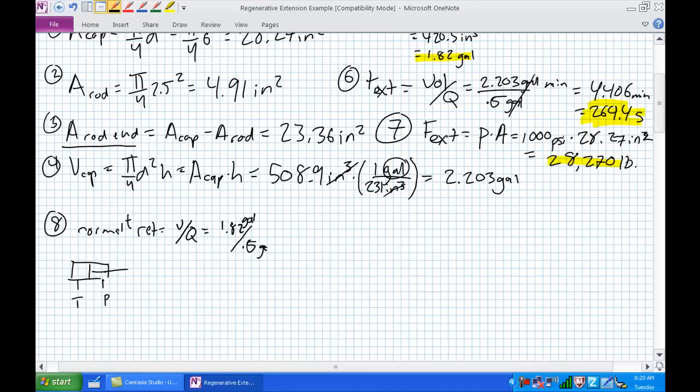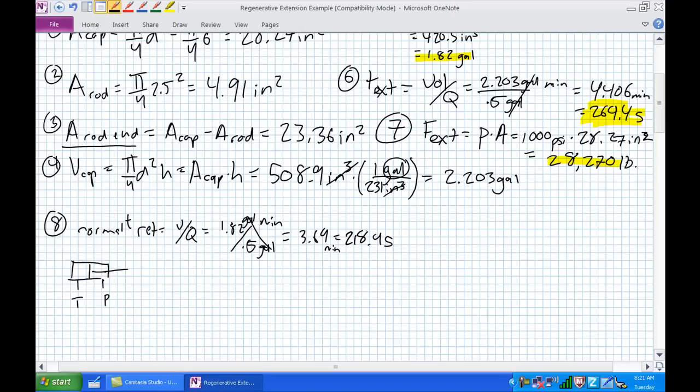Flow rate is 0.5 gallons per minute. Gallons crosses out. We get 3.64 minutes, which is 218.4 seconds. Okay, so we are absolutely correct. It takes a little bit shorter time to retract this thing because it's a smaller volume.